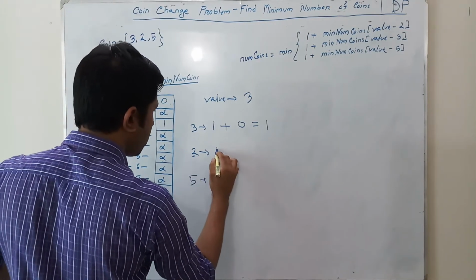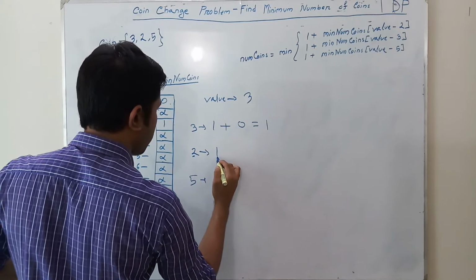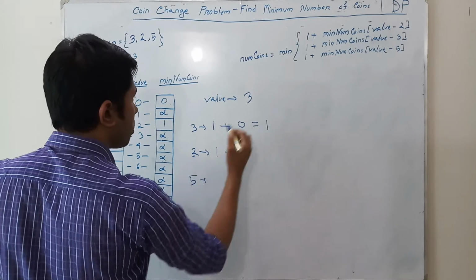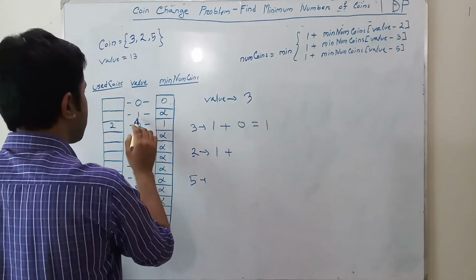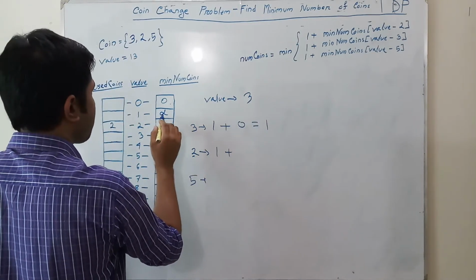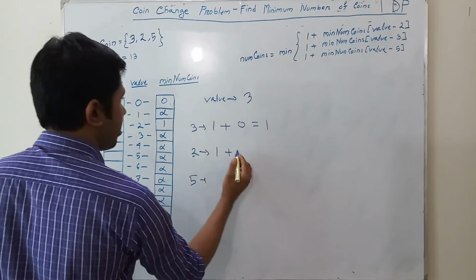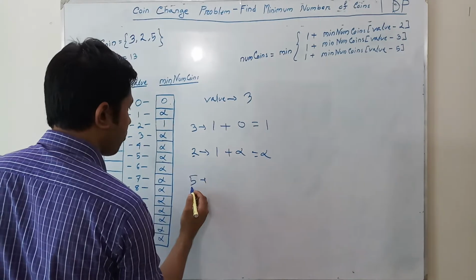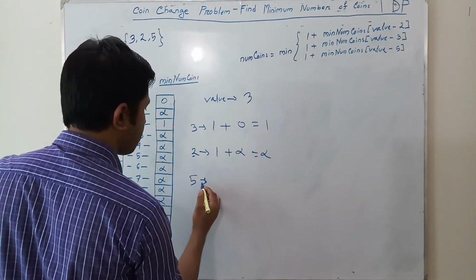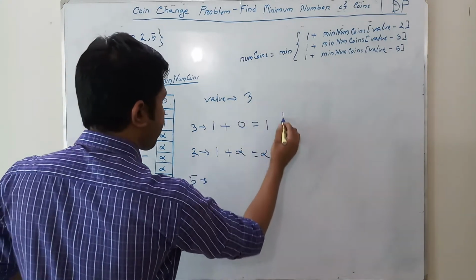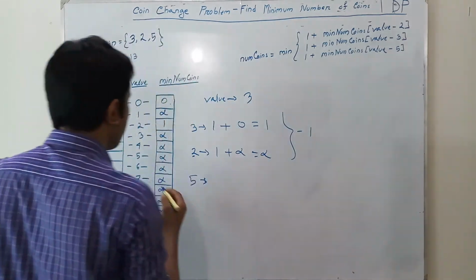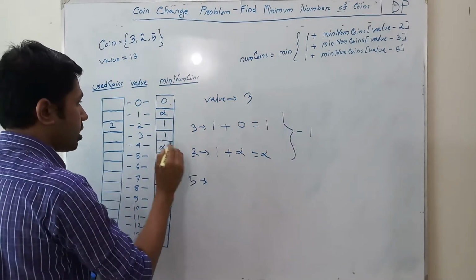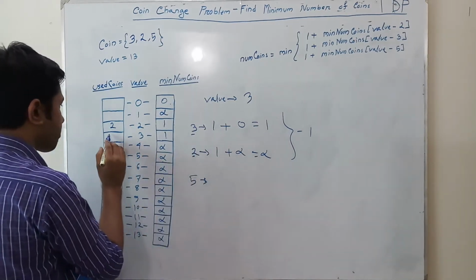As we have used 2, we will add 1 plus, after using the coin 2, the remaining value 1, and for the remaining value 1 the minimum number of coins is infinite, so it will be infinite. We can't use the coin 5, as 5 is greater than 3. So the minimum value here is 1, and we have used the coin 3.